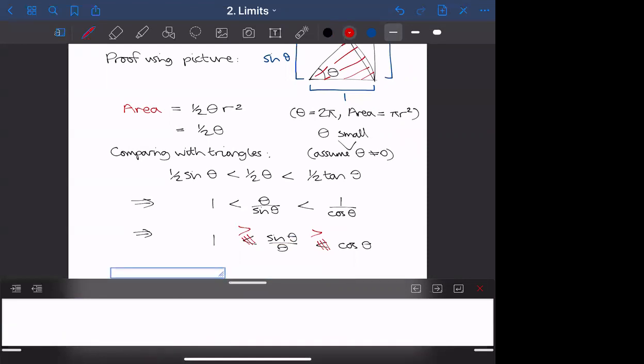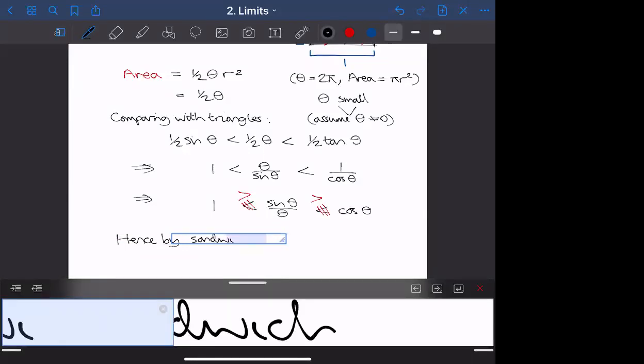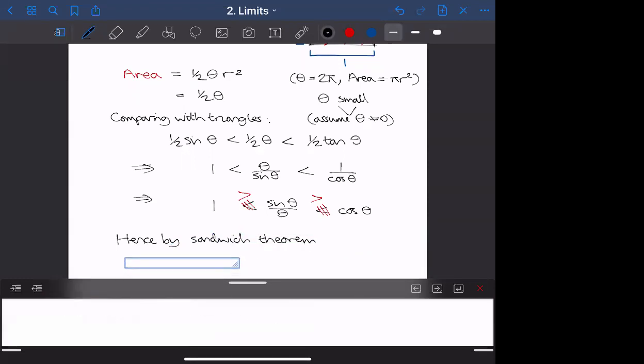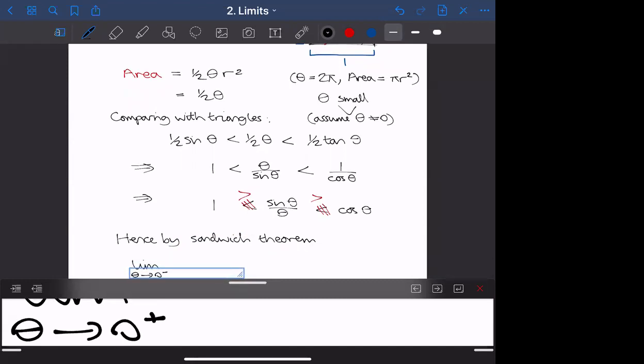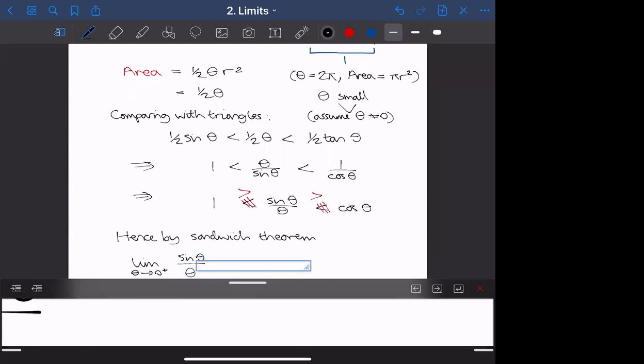And so we can use the sandwich theorem. So hence by the sandwich theorem, the limit as theta comes from the right of sine theta over theta is 1.